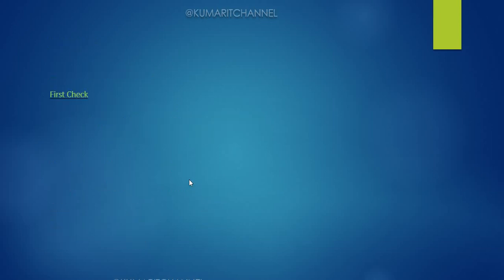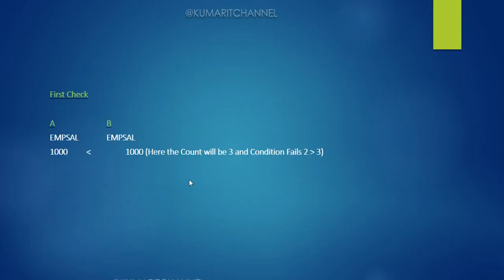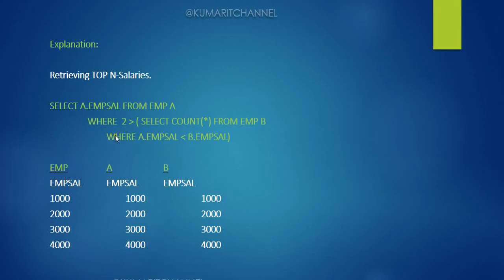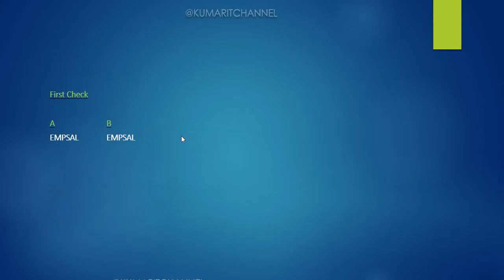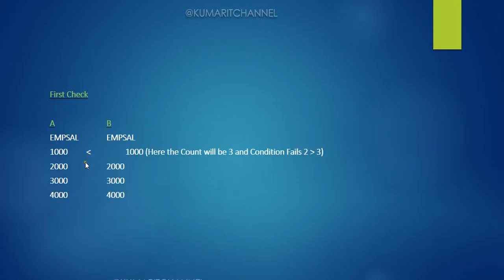Okay, so from this we try to debug. When you look at this, first it will check this: select count star from EMP where a.emp salaries is greater than this. First it will check the outer query, then it will go to the inner query. So in the first check, we had these many records, and it checks for this. Here we check whether 1000 is less than 1000 or less than 2000, then it takes the count.